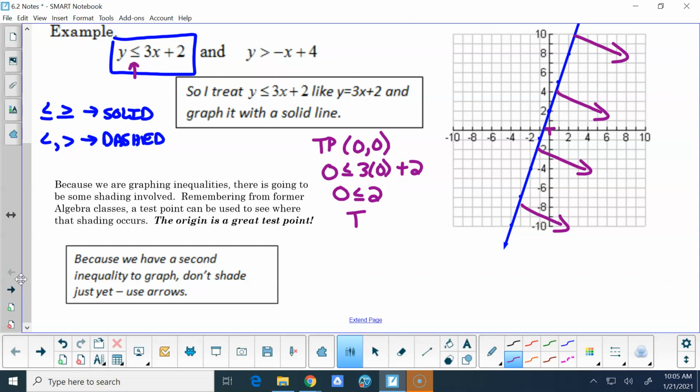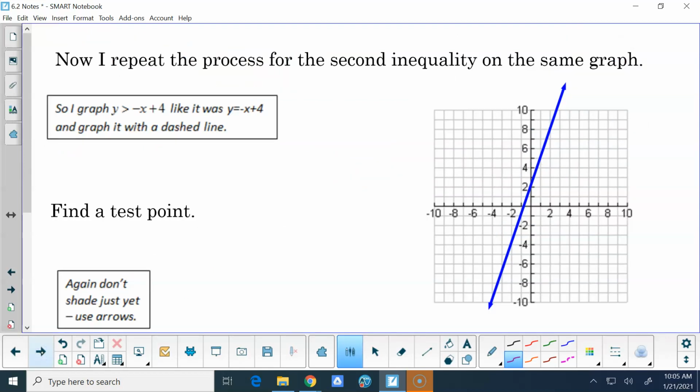But because we have another one to go yet, we're not going to fully shade just yet. Okay? So there's where we sit from the other one.